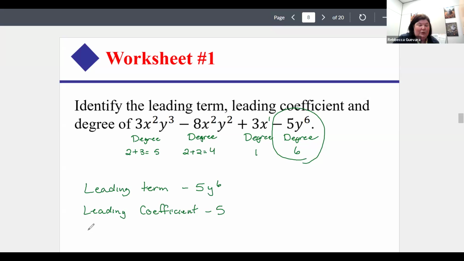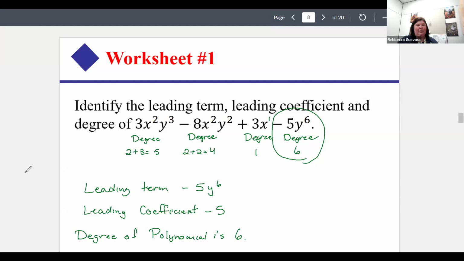And then once again, we know that the degree of the polynomial has to match the highest degree, so it's going to be a degree 6. So like I said, each term can have its own degree. What we're really interested in the end, though, is the degree of the polynomial. Because later what we see is your highest degree is going to give an overall trend of how your polynomial is going to act in the long run.